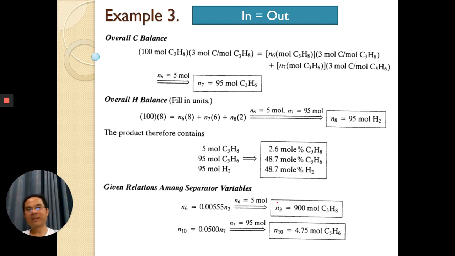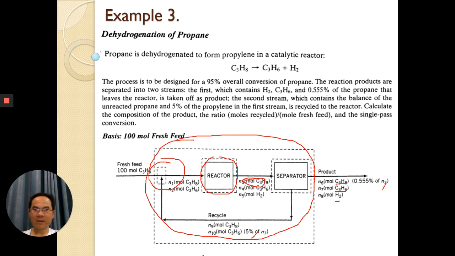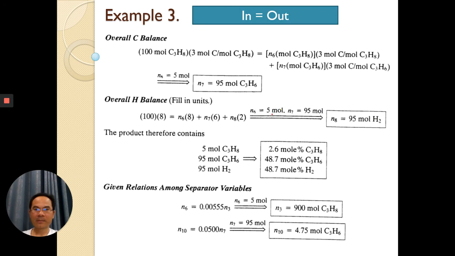For the overall balance, for this case, we base it on atomic balance. First we do the overall carbon balance. Atomic balance: input equals output. For the carbon balance, carbon input is in propane, and output is propane and propylene. 1 term input and 2 terms output for the overall. For input, 1 mole propane includes 3 mole carbon, and the feed propane is 100 mole propane.